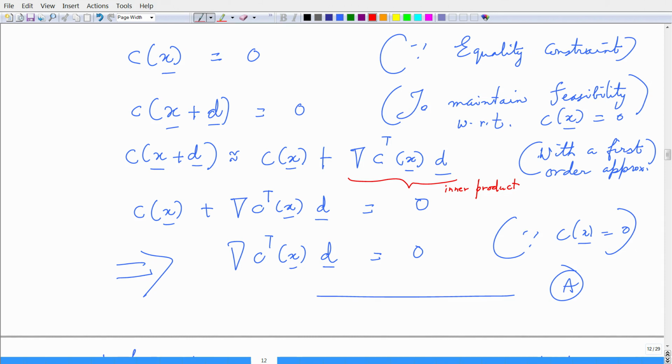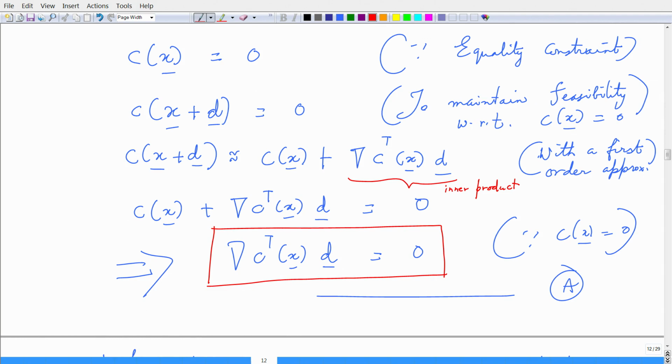Now C of x plus del C transposed d equals 0, but C of x equals 0 because this is our equality constraint. So we end up with this important equation, that del C transposed d must be equal to 0.